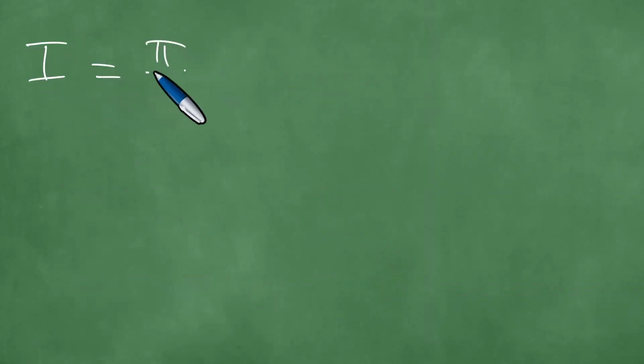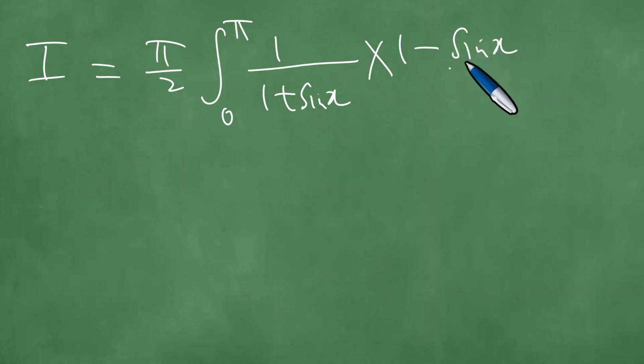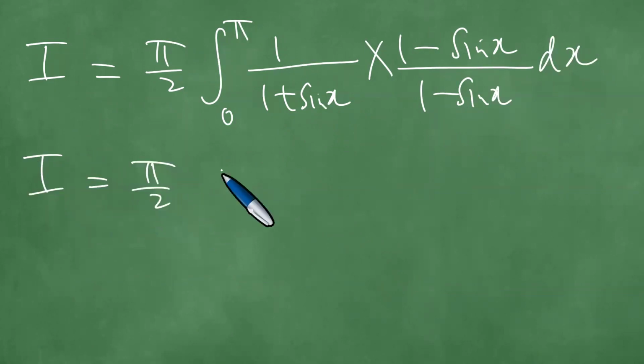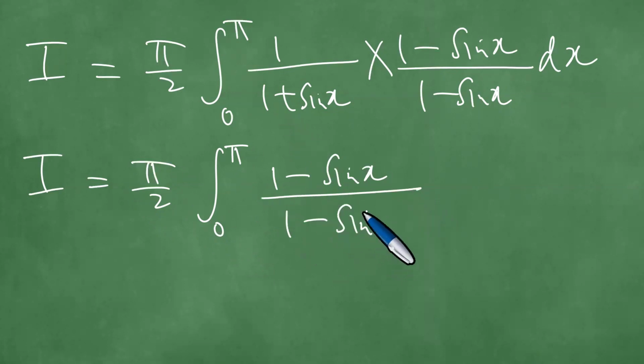I equals pi over 2 times the integral from 0 to pi of 1 over 1 plus sine x, and we multiply by 1 minus sine x over 1 minus sine x, dx.